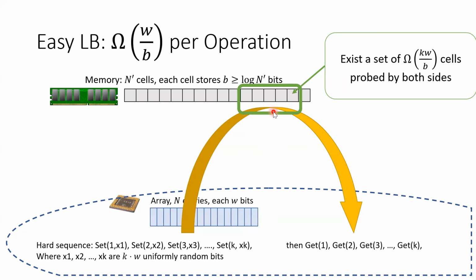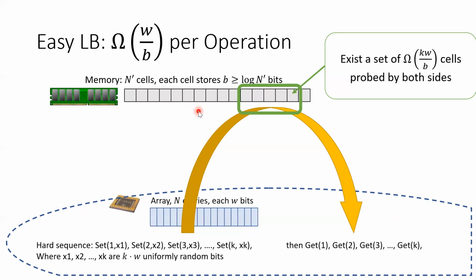From the intuition we previously had, the left sequence, the set sequence, has to write something or transfer something into the physical memory cells. But if the algorithm transfers something into the physical memory, and these cells are not transferred back in the get sequence, then they are not useful.